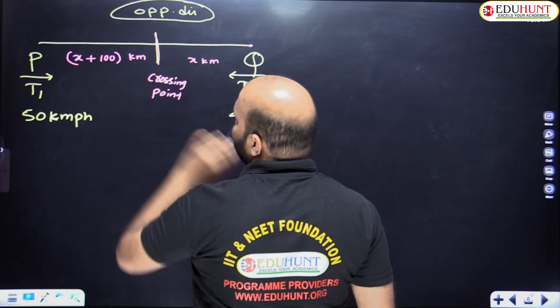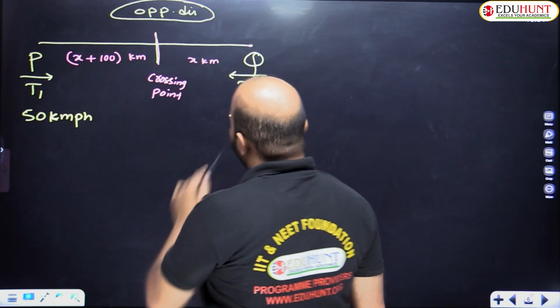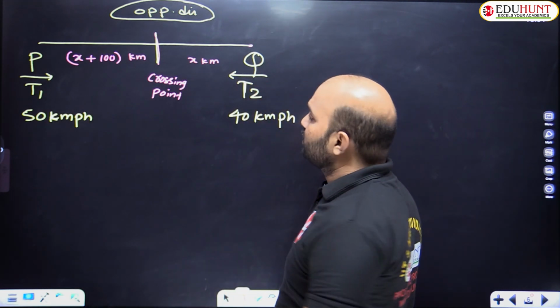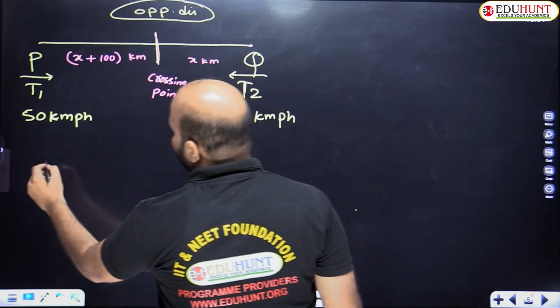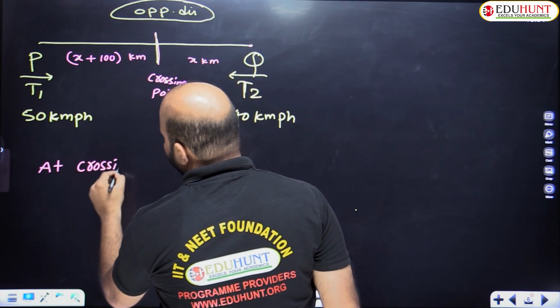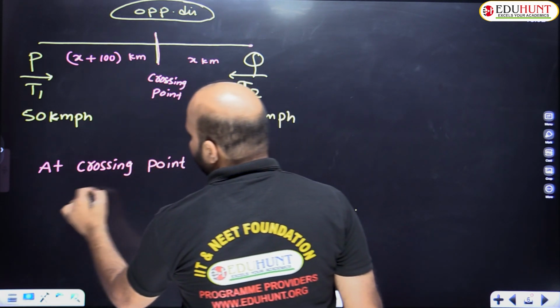Here the time is equal, but the distances are not equal, because T1's speed is more than T2's by 10 km per hour: 50, 40. Am I clear? So here, which one is equal at the crossing point or the meeting point? Crossing or meeting?